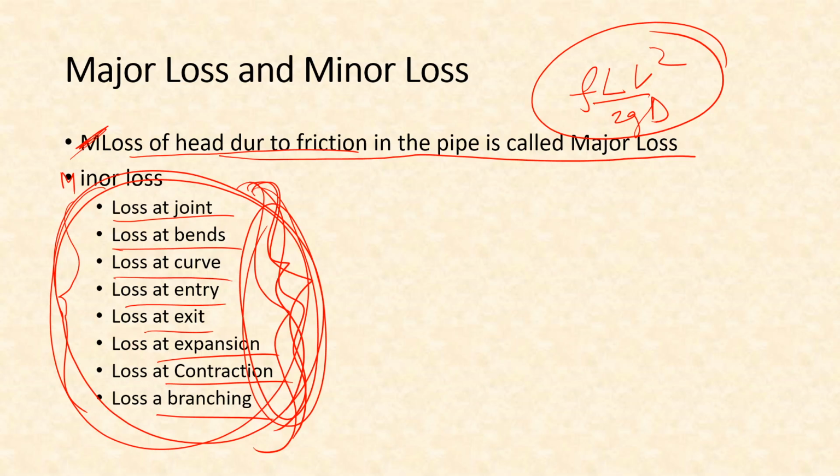They cannot be directly derived using some equation, but generally they are found from experimental data, and therefore those loss coefficients represented by K will be found out based on experiments. We'll see in detail how these minor losses are found, how their coefficients vary, and what they actually mean in the next lecture.